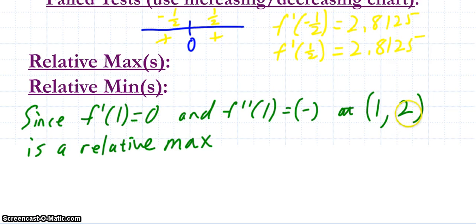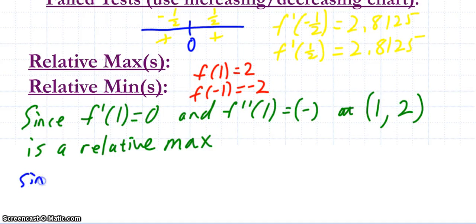And the 2 comes from f of 1 is 2, f of negative 1 is negative 2. And so then we do the other one.